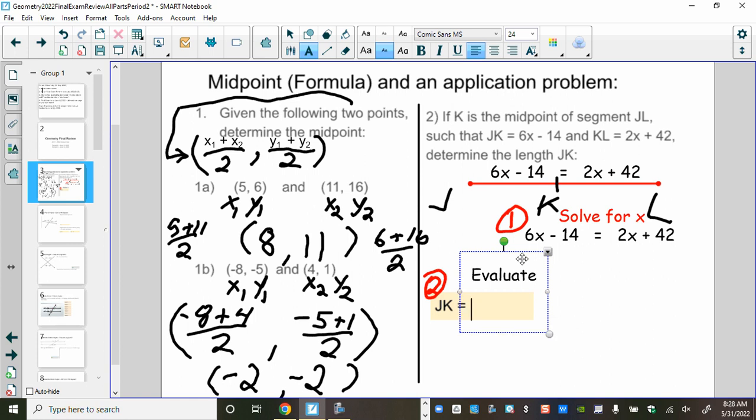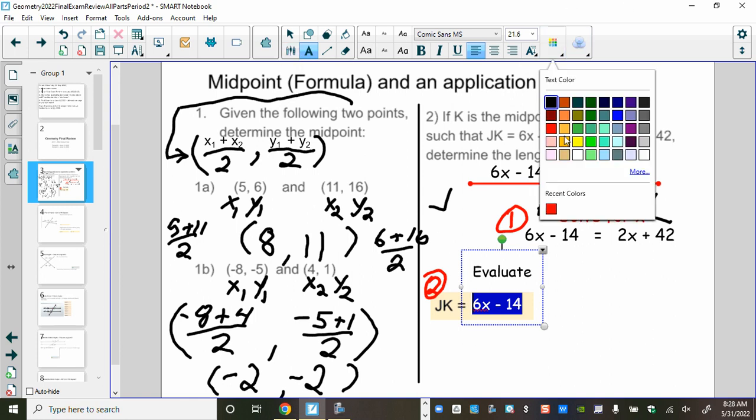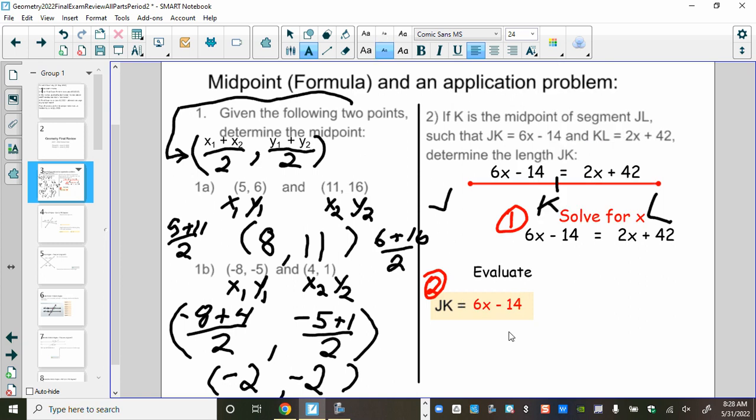JK is 6x minus 14. So first you need to get the x. And then you need to evaluate by substitution. So the x, you should be able to solve, no problems.